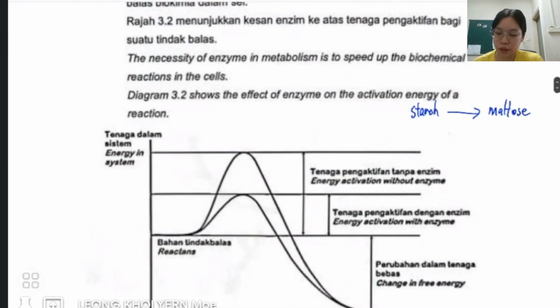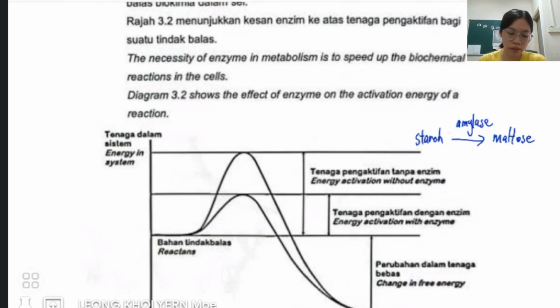We know that amylase is the one that helps to break down the starch into maltose, a simpler substance. But what about when there is no presence of enzyme? Will the reaction actually occur? Yes, it will occur. However, it will occur at a very slow speed. So without the help of enzyme, the reaction will still occur, just at a very slow speed.